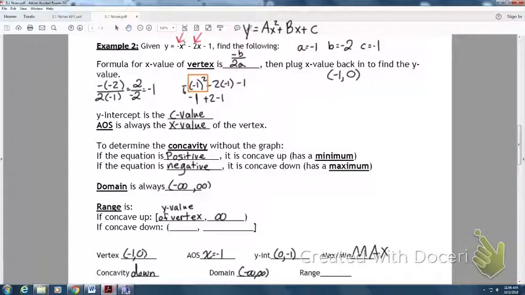If it is concave down, it is going to come from negative infinity up to the y value of your vertex. So Cole, what would the range be on this one? Negative infinity to 0.